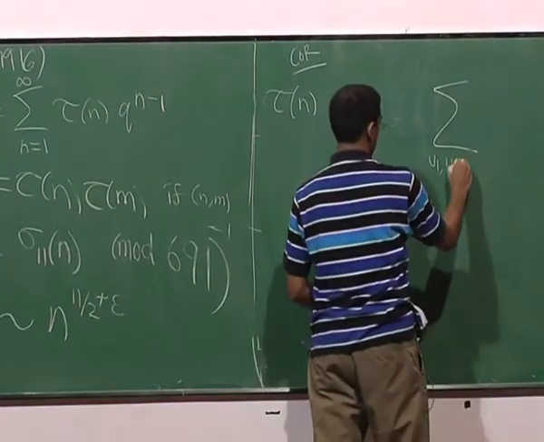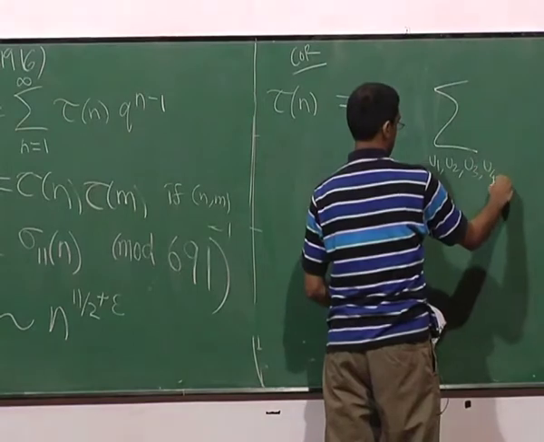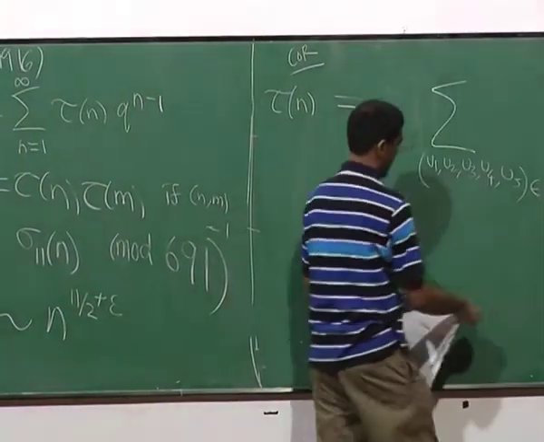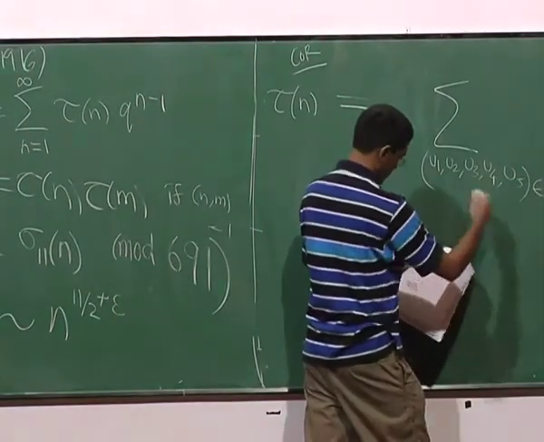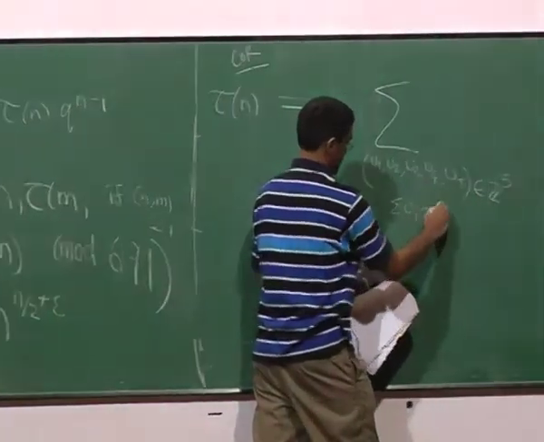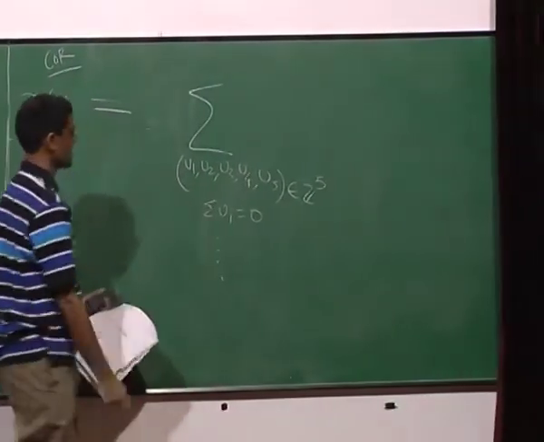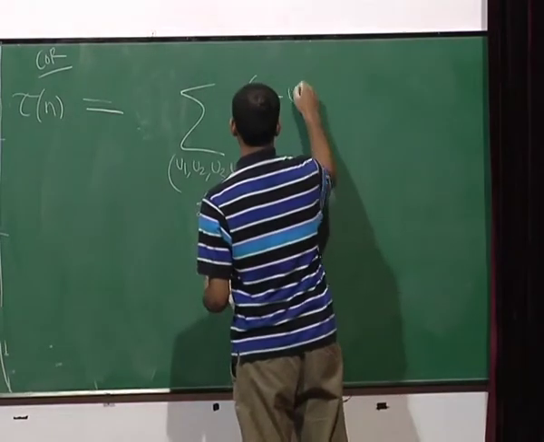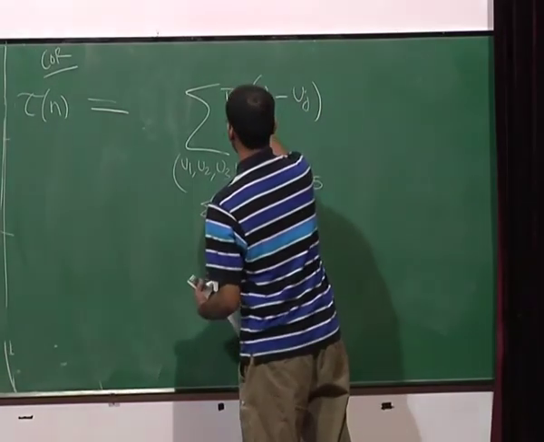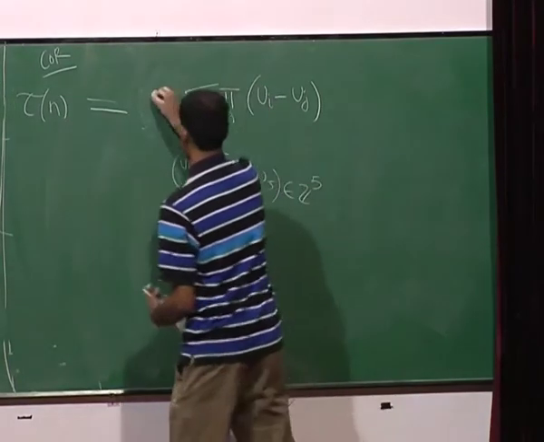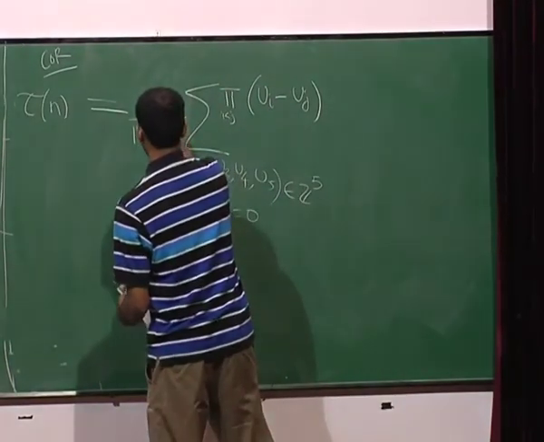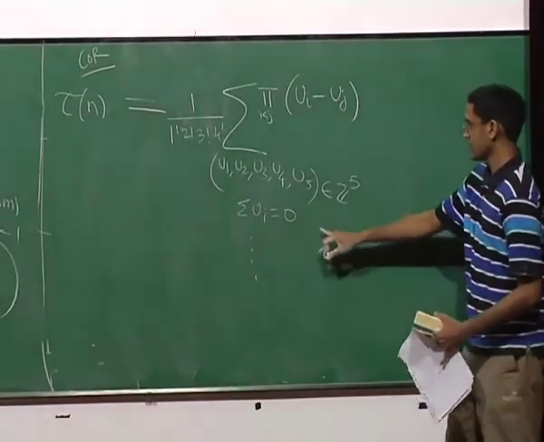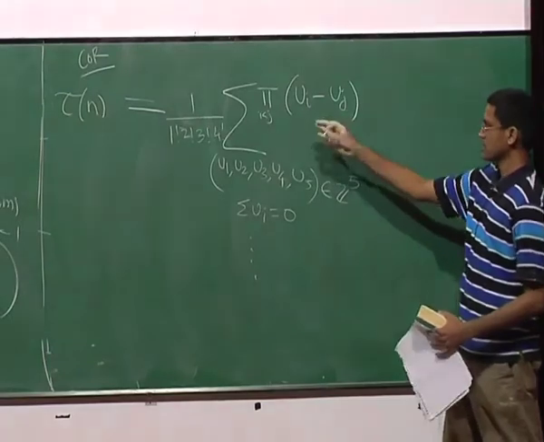It's a sum over, well, it's actually a sum over a 4-dimensional lattice. So it's over all 5-tuples satisfying some other 2 conditions, of u_i minus u_j for i less than j, and there's some scaling factor. So if you marry these things together, here's the final expression for the tau function.